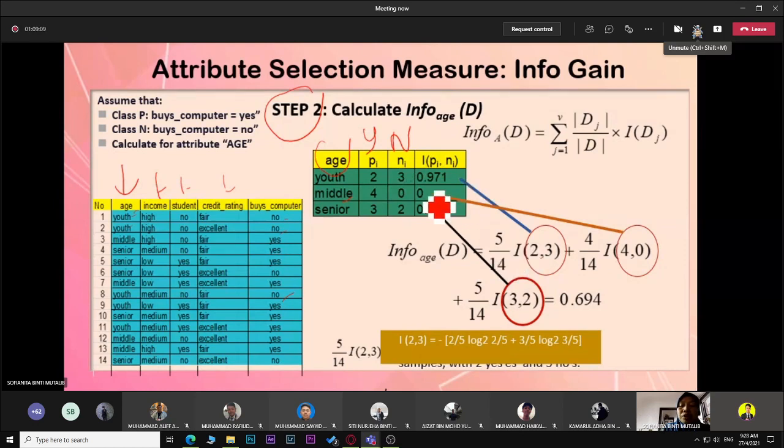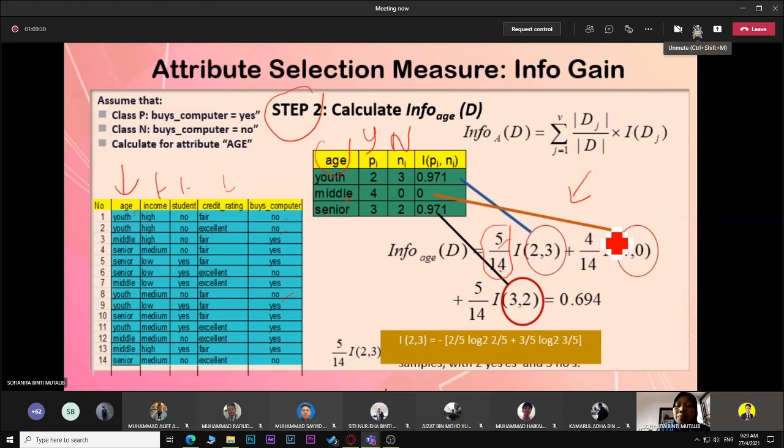From here you use this formula. The first term for the age value youth is 5 over 14, where 14 is the total number of samples.